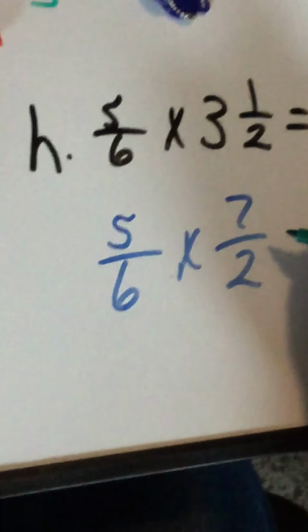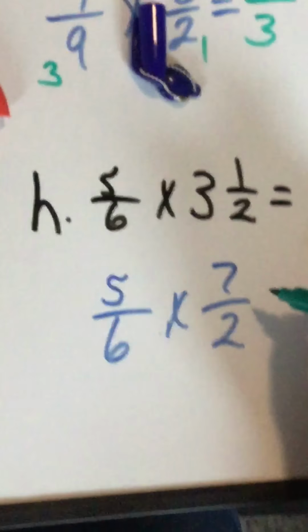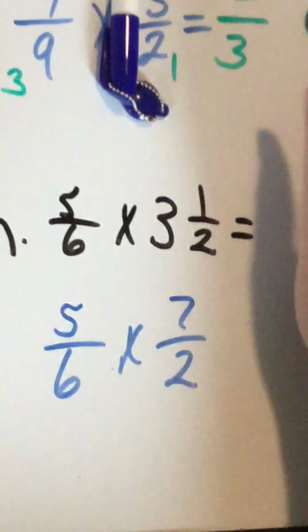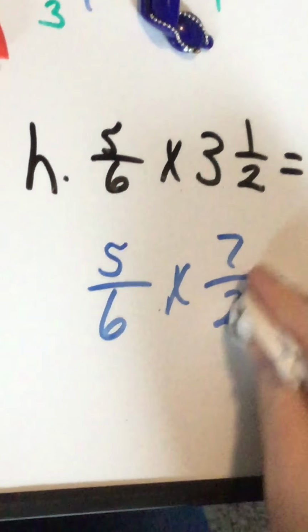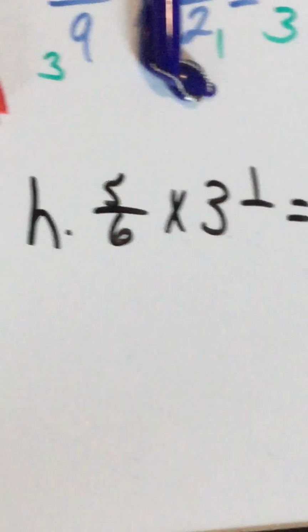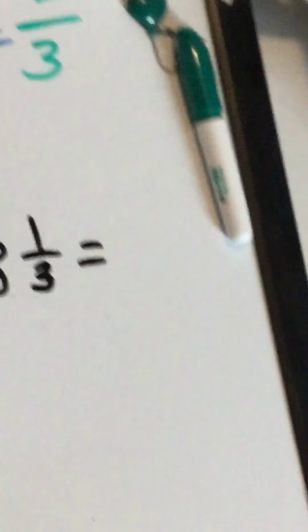Hold on, I'm making sure I'm on the right problem here. That's why it looks weird. I wrote it down wrong. That's not going to help anybody. Let me fix this really quick. This should be a 3. Okay.